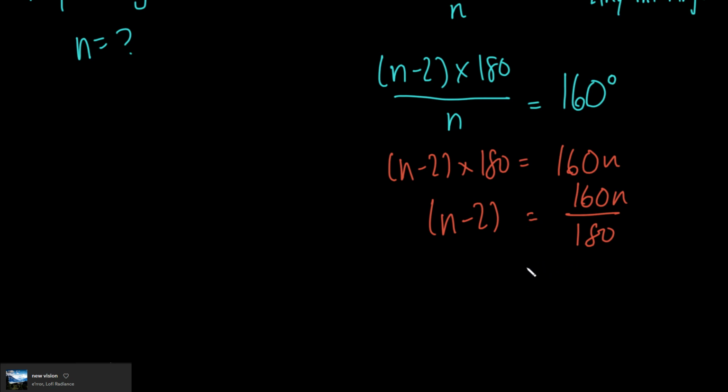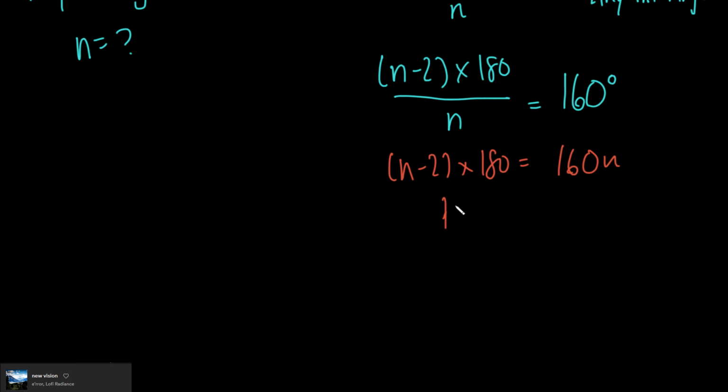I don't know if I'm going to do that actually. Let's do something else, because I basically want all the n's on one side. So let's move n minus 2 to the other side. I'm going to divide both sides by n minus 2.